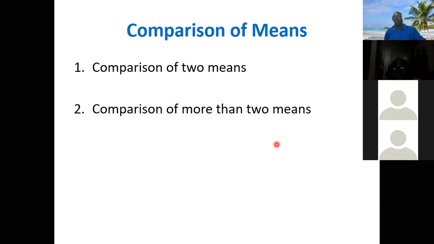The third one is to give you a simplified approach to use a software to run your analysis, because nobody calculates by hand again. That was when there was no computer. Now we have computer software. Why do you bother yourself? It's just for you to know the logic. When you know the logic, then you know how to use the machine to do it.